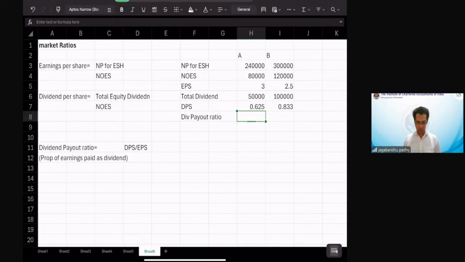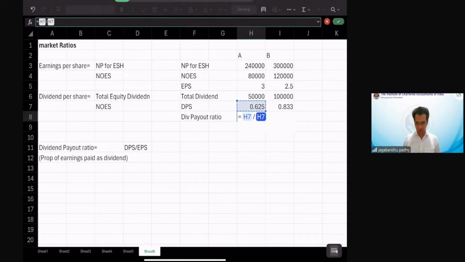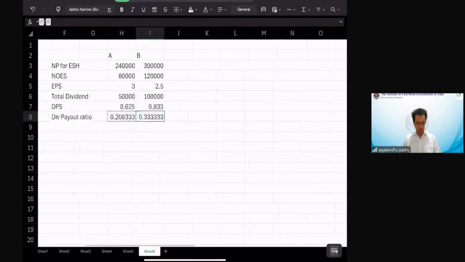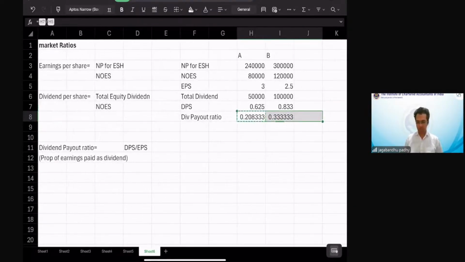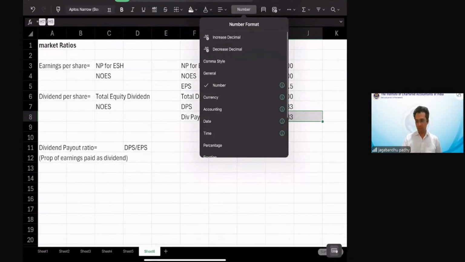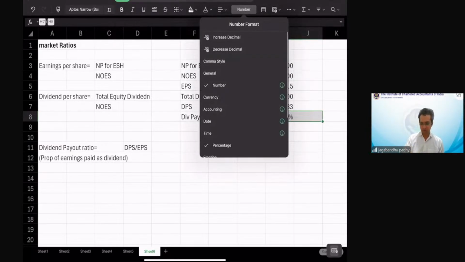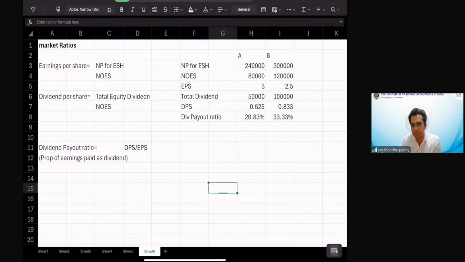The dividend payout ratio, you can say it is 0.625 out of 3, and here it is 0.333. So how much is our dividend payout ratio? We can say 20.83% and 33.33%.